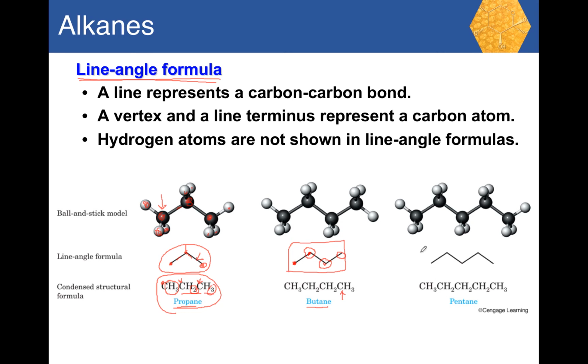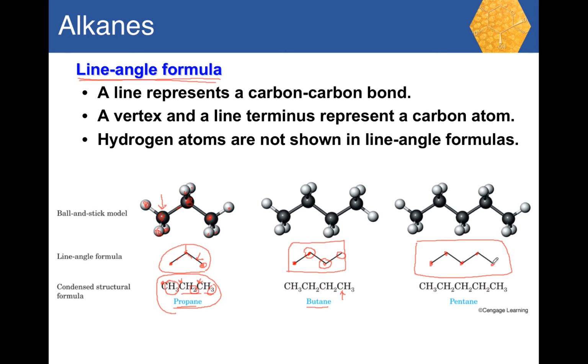Let us see, as a last example, let's look at this one, for example. So let's do the analysis. Here is a carbon with 3 hydrogens. Here is a carbon with 2 hydrogens. Here is a carbon with 2 hydrogens. Here is a carbon with 2 hydrogens. And here is a carbon with 3 hydrogens.